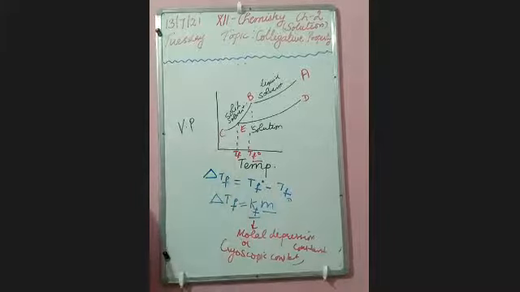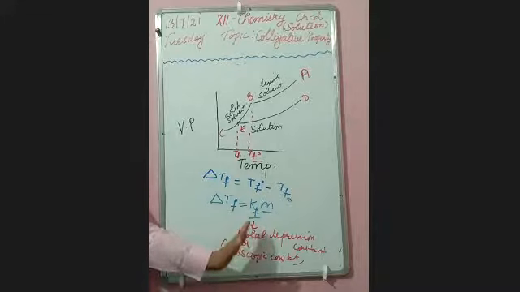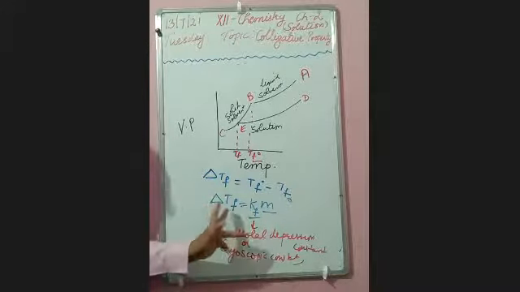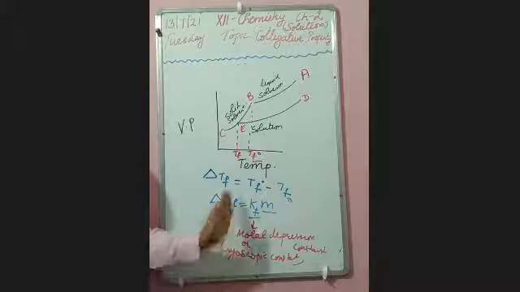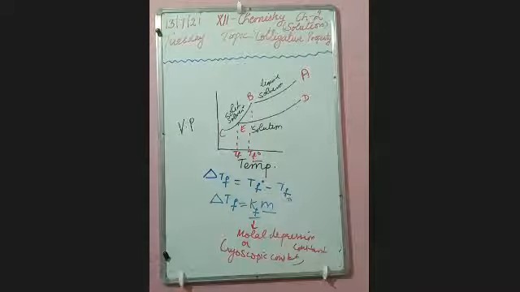Here it is the depression constant or cryoscopic constant. So if I ask, what is the definition of KF? It is the depression in freezing point when the molality of the solution is considered to be 1. Its units are also Kelvin by molality or Kelvin kg per mole. Same units.